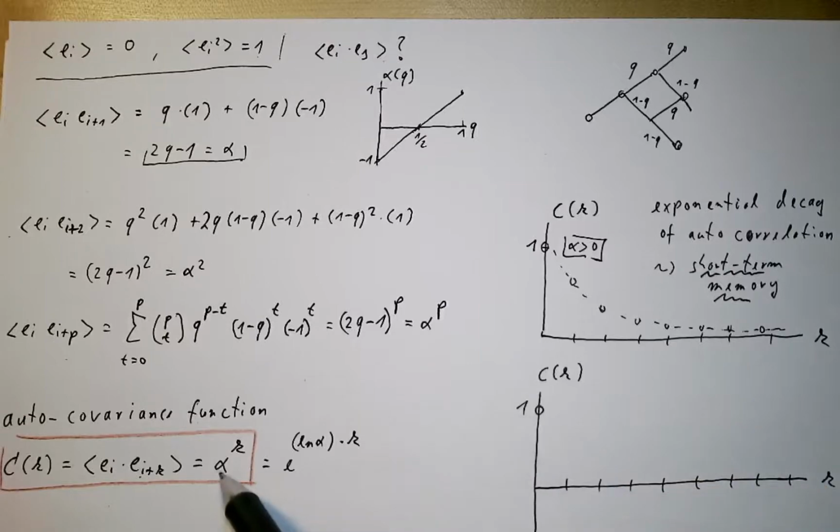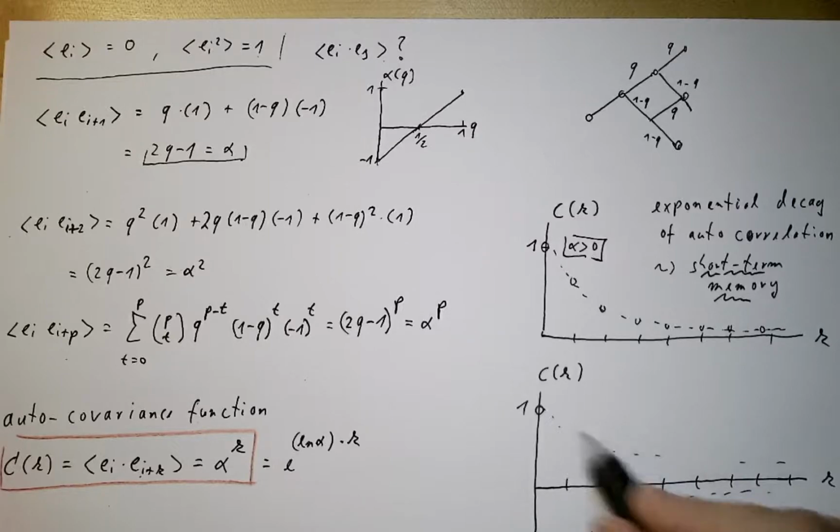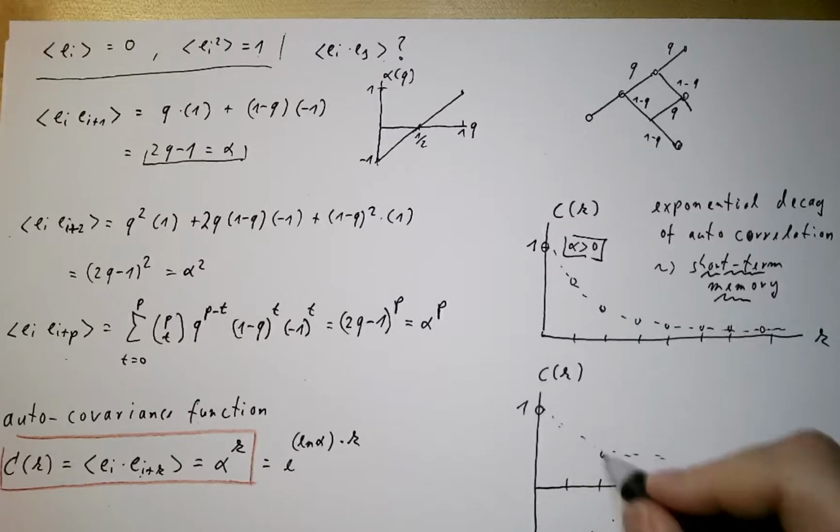And now we multiply with a negative number to the power k. So on the next time step we have a negative expectation value, then something like this. But on average the absolute value is decaying.